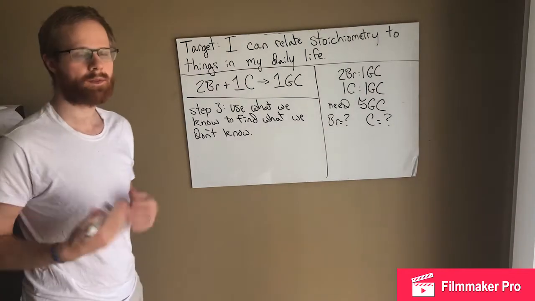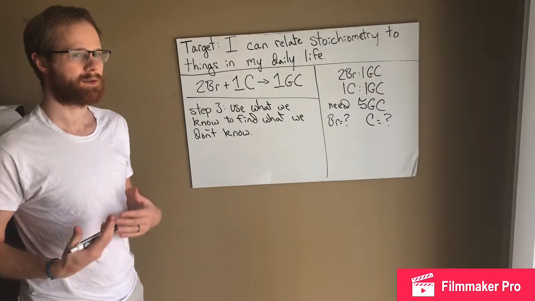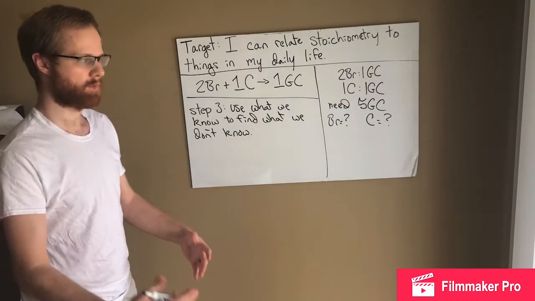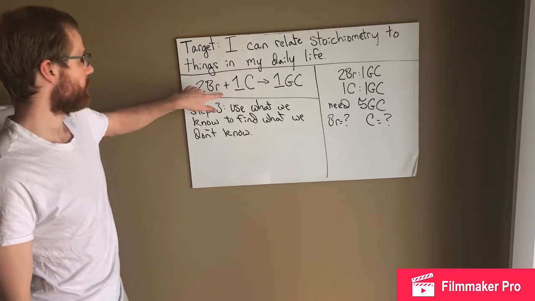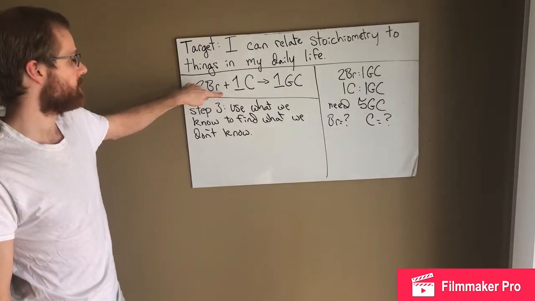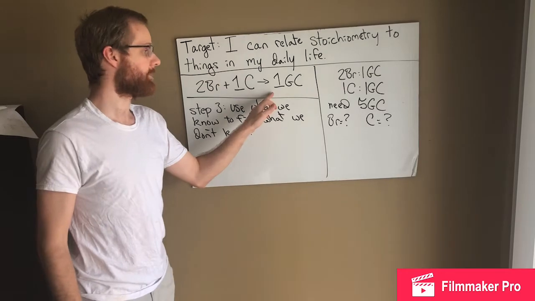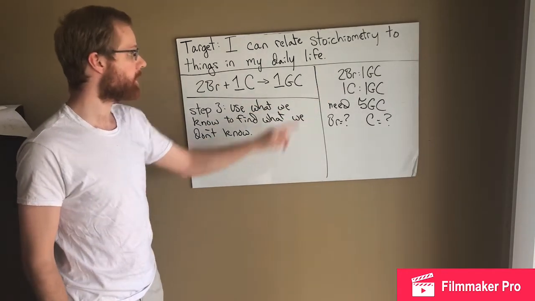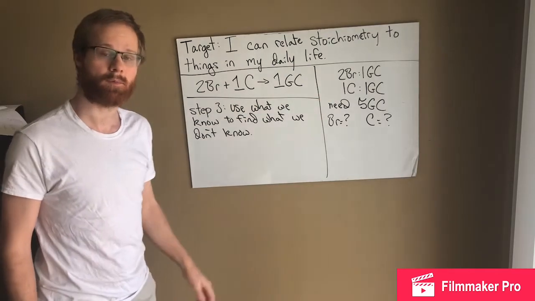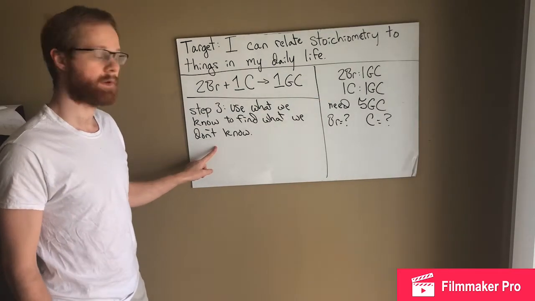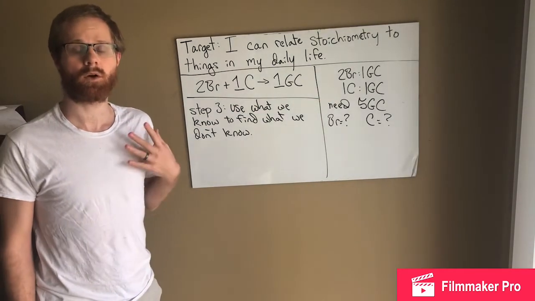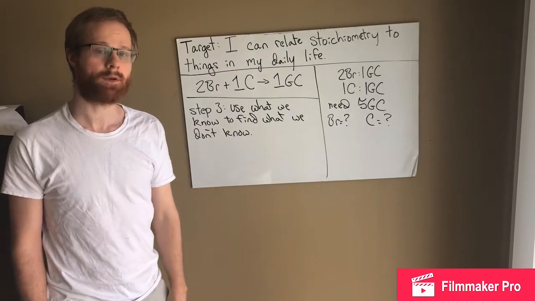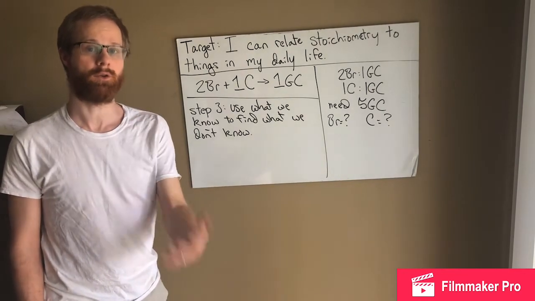One thing that's really nice about this process is you can see the chronological order going here. We set up our balanced chemical equation. Using that balanced equation, we got our mole ratios. And now we're going to use our mole ratios from step number 2 and step number 3. In all of these problems, there's going to be a number that you know.